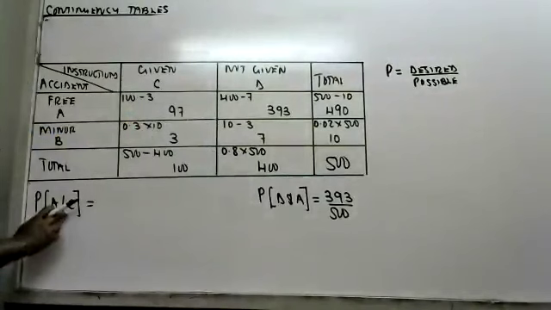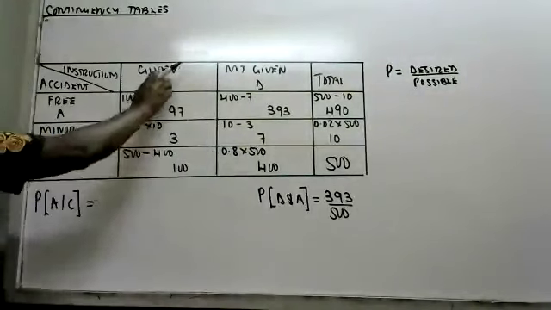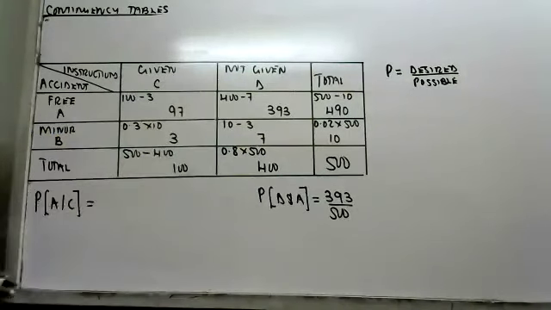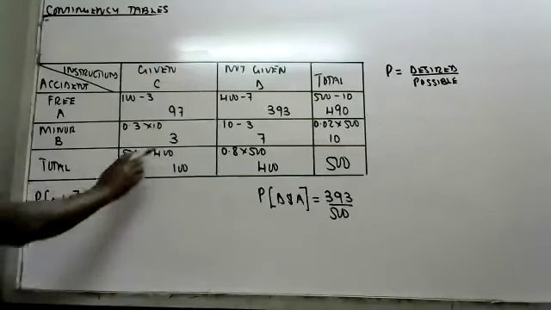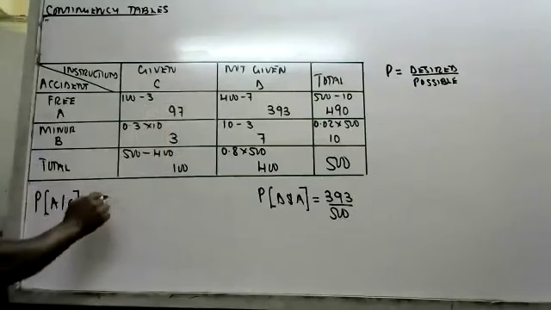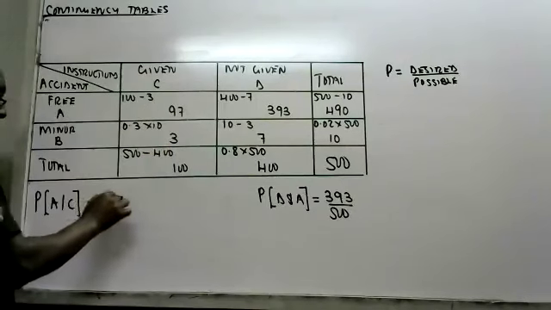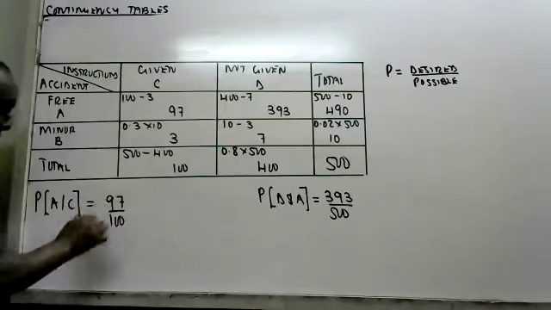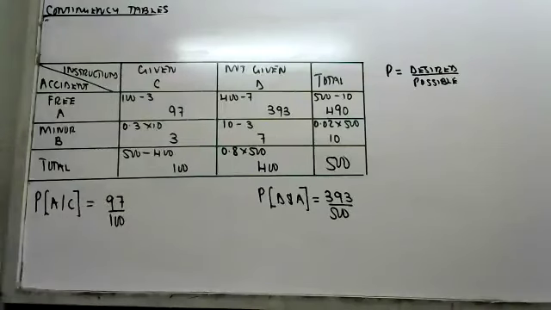So we are given C. So you go to where we have C. C is 100. When you are there, you look for A. So the A's in C, they are 97. So this would be 97 out of 100.